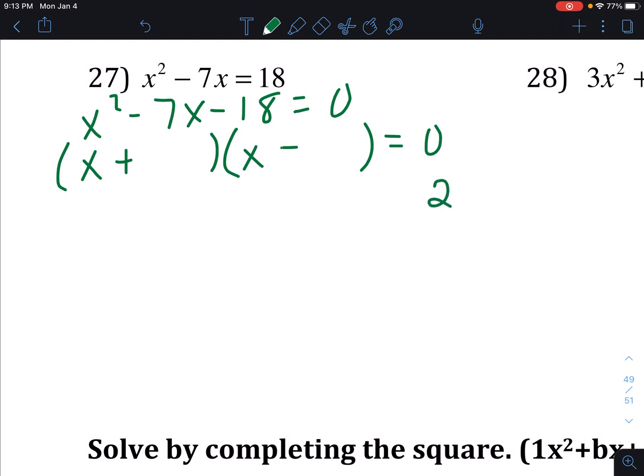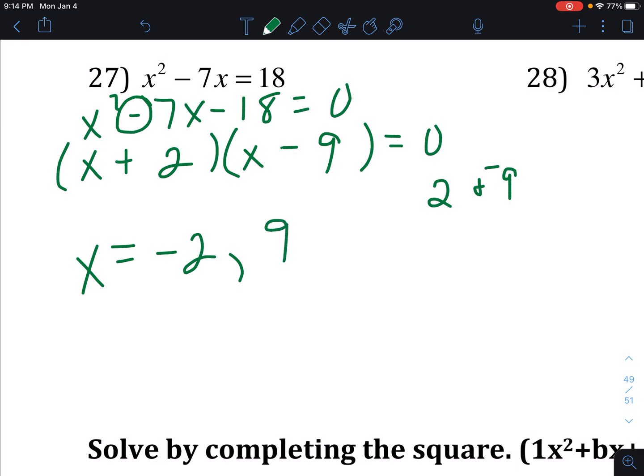They would be 2 and 9. And then the sign of B goes to the bigger number. So now I've factored, I can solve. I'll just take a little shortcut now. You can see the first one is a simple negative 2 because negative 2 plus 2 is 0. And the second one is 9 because 9 minus 9 is 0.